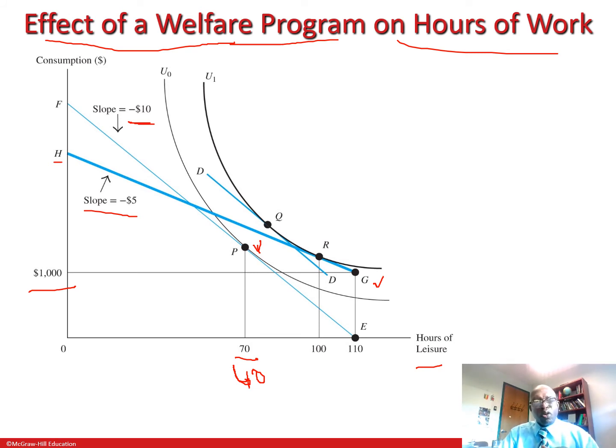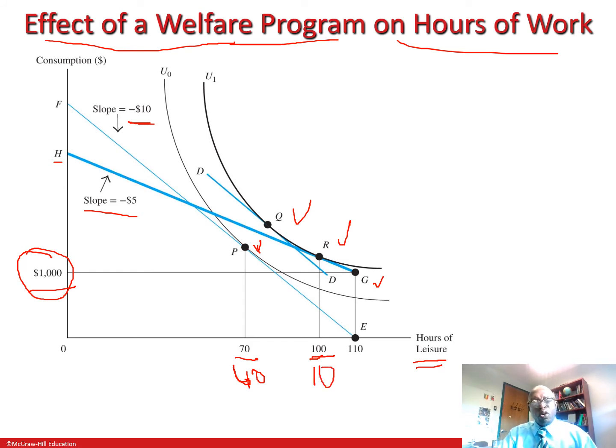Now because of the cash grant program of $1,000, the income effect will move the worker to point Q, and with the substitution effect, the worker will move to point R. At point R, the worker has 100 hours of leisure time and only 10 hours of working.